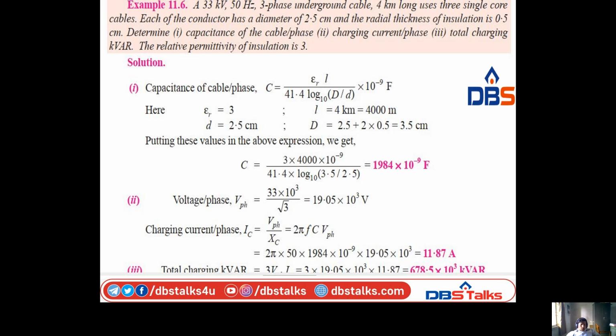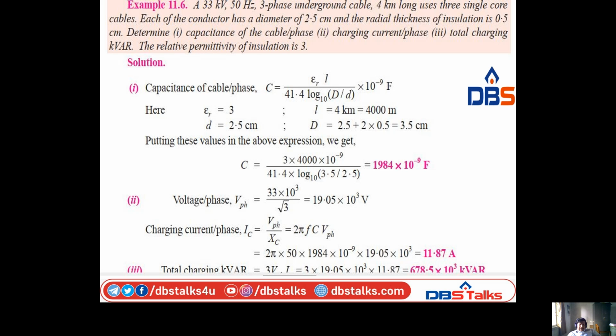Charging current IC is equal to 2 pi F C V phase, 2 pi into F 50, C 1984 into 10 power minus 9, V phase 19.05 into 10 cube. So by calculating this one, we are getting charging current per phase is equal to 11.87 amperes.